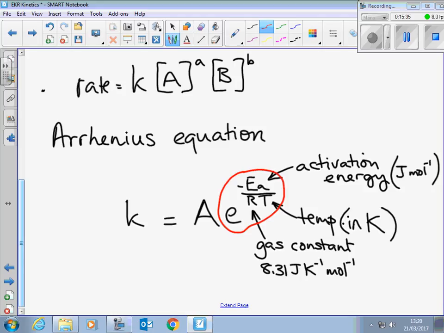And what we're looking for is, if we calculate that at, let's say, 20 degrees C, 293 kelvins, and if we then calculate it again 10 kelvins higher, the number should double.